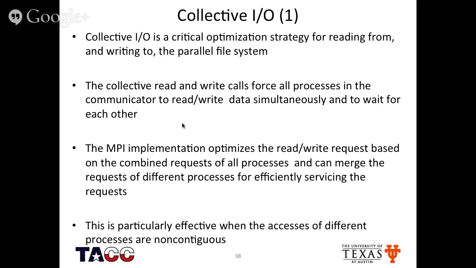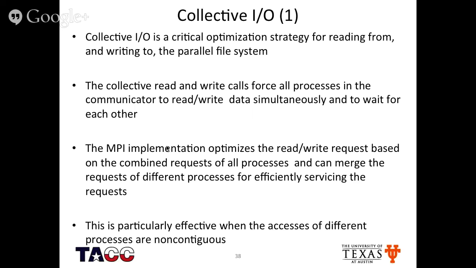There are MPI APIs to do collective I/O, and these are optimized by the implementers such that you can do data sieving, as in aggregation, automatically for you, depending upon the size of the data and the size of your COMM world. This is particularly effective when the accesses of different processes are non-contiguous.